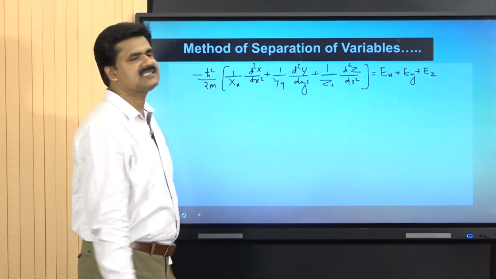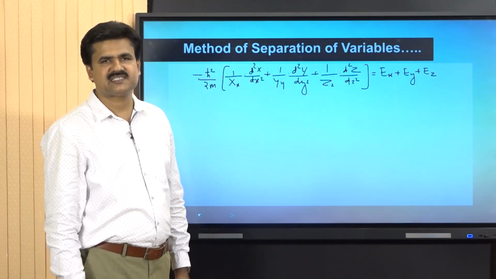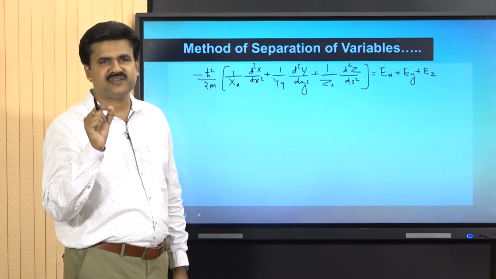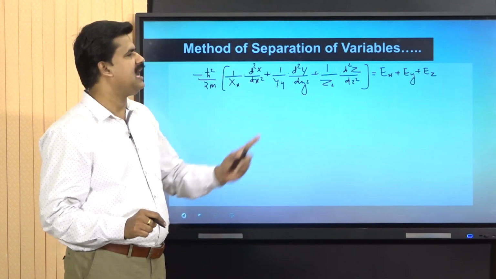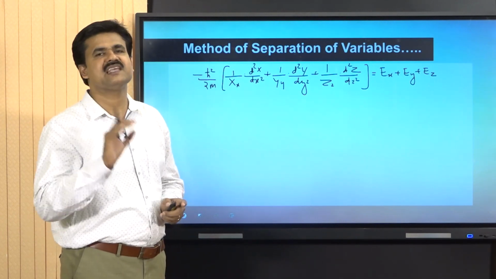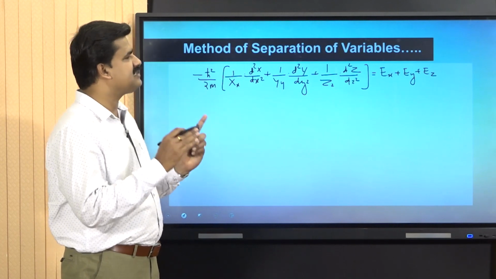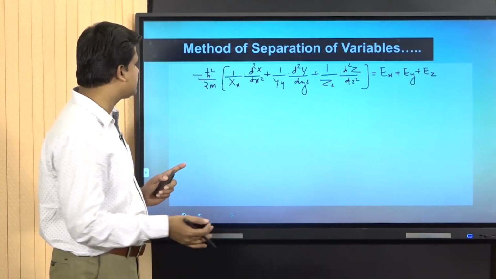Here, Ex, Ey and Ez represent three components of energy. LHS equals a differential term and RHS equals the sum of three energy terms. We can split each term like this.